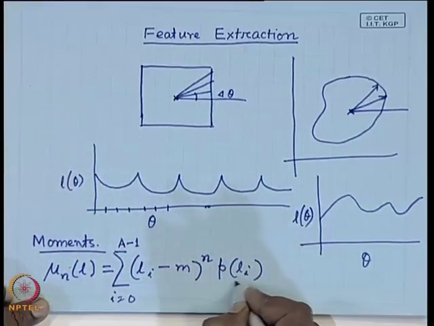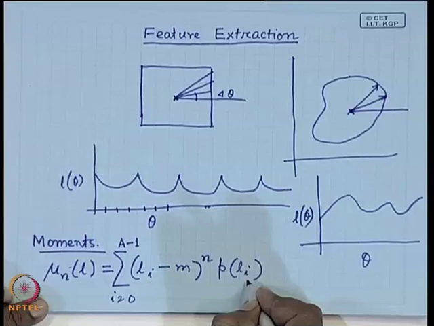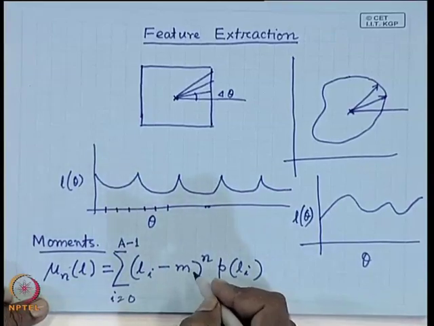And what I have to compute is P of L I. So, how do I get this P of L I?